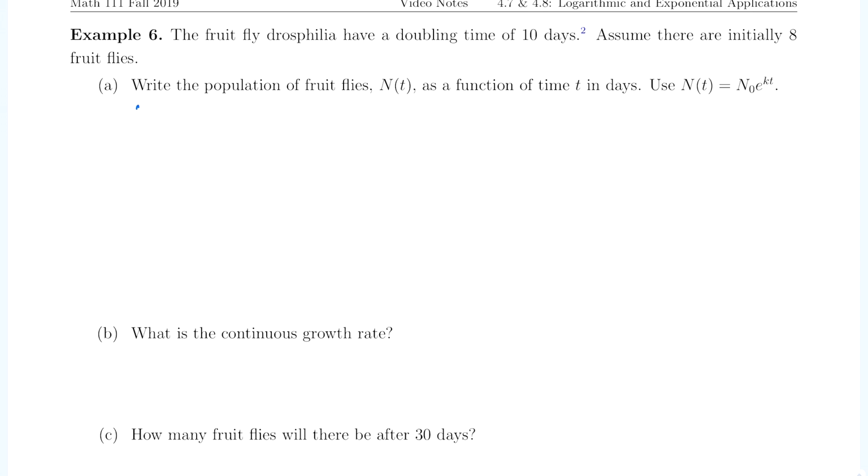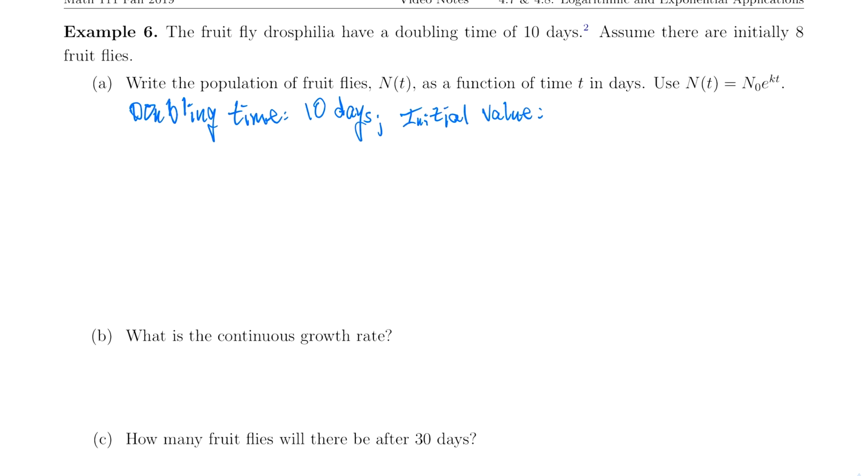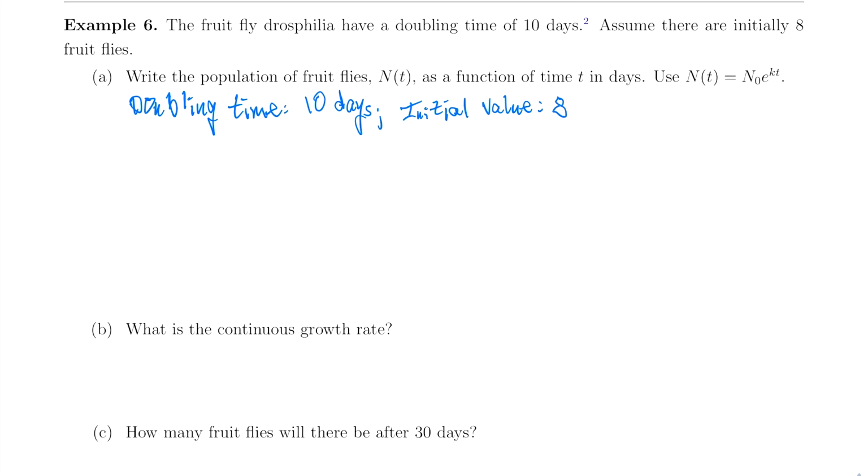So what we have is our doubling time as well as our initial value, which is 8. Then furthermore, we know our general function, and it's given here one more time as N of t equals N sub 0 e to the kt.